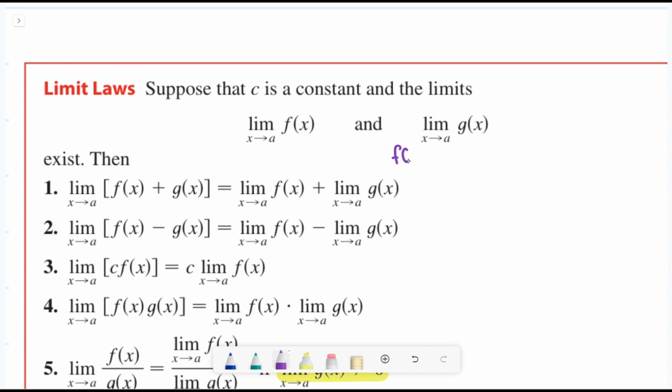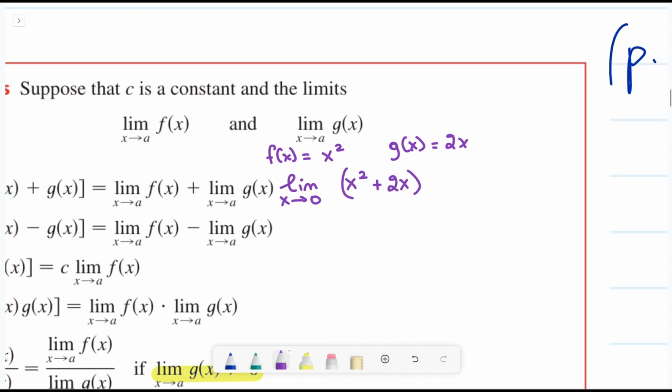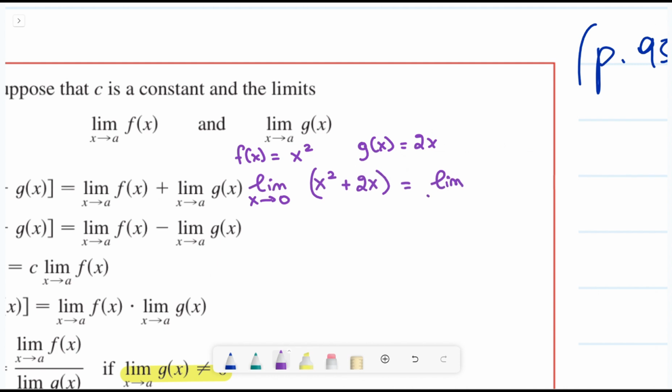For instance, if f of x equals x squared and g of x equals 2x, the limit as x approaches 0 of x squared plus 2x is equal to the limit as x approaches 0 of x squared plus the limit of 2x as x approaches 0.